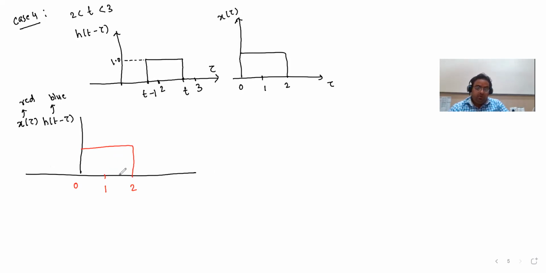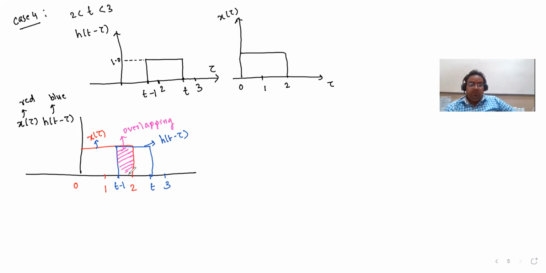Before 2 there is a point t minus 1, and after 2 and before 3 we have a point t. So h of t minus tau varies in this area. The overlap is only between t minus 1 and 2.